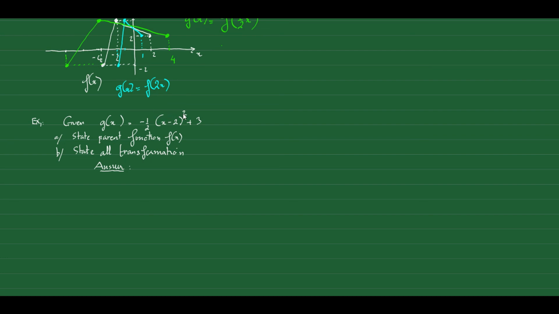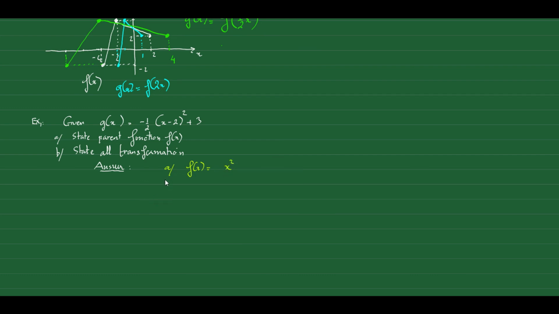You see this is a square thing, so it means that the function f of x, which g of x comes from, must be the square function. So f of x must be x squared.